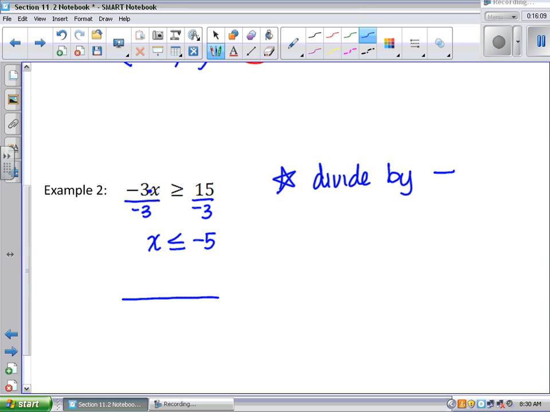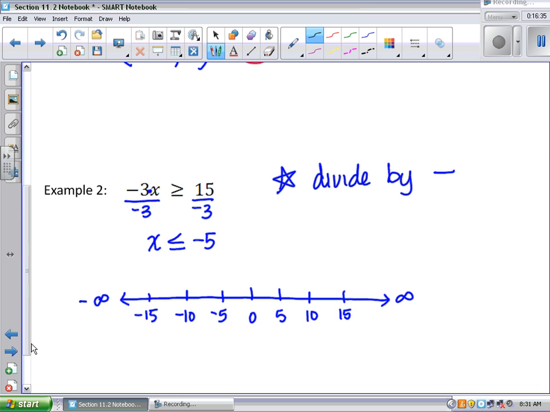I'm going to draw my number line. When I have bigger numbers like 5 or 8, I like to mark my little lines by units of 4 or 5, whatever happens to work for that particular problem. But again, positive numbers go to the right, negative numbers go to the left. Now this time I have x on the little side of the inequality.